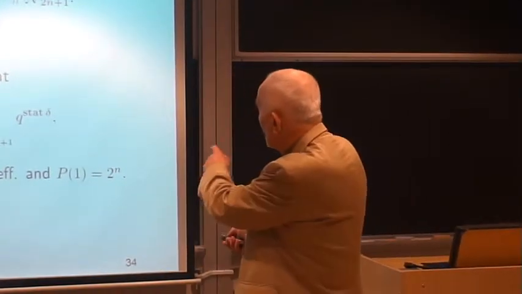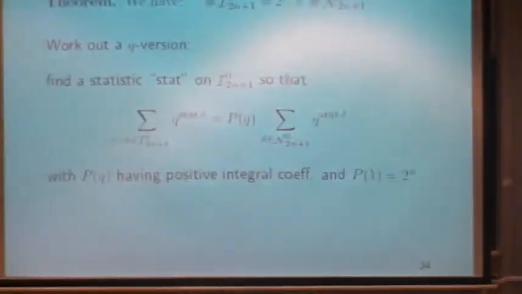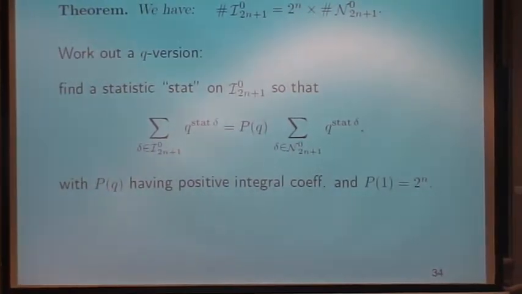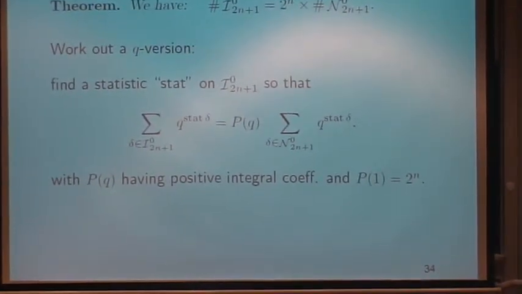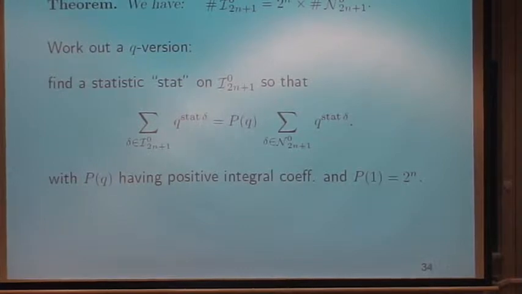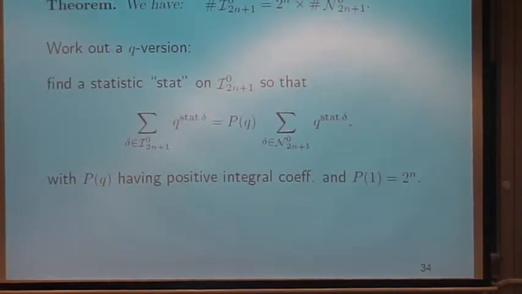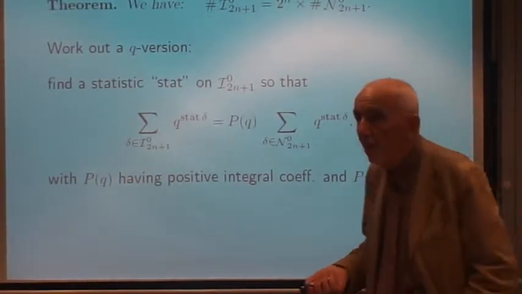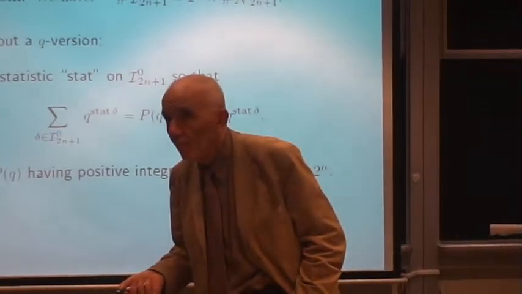With P of q having positive integral coefficients, P at 1 equal to 2 to the n. So a true Q analog of this. How can we work this out?